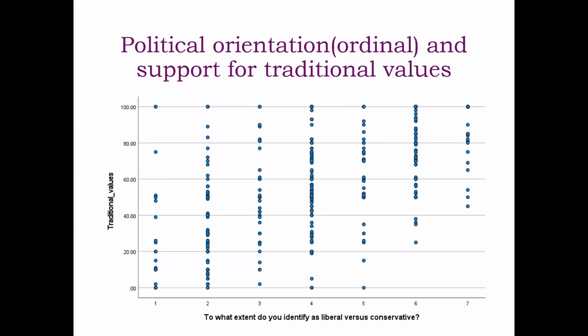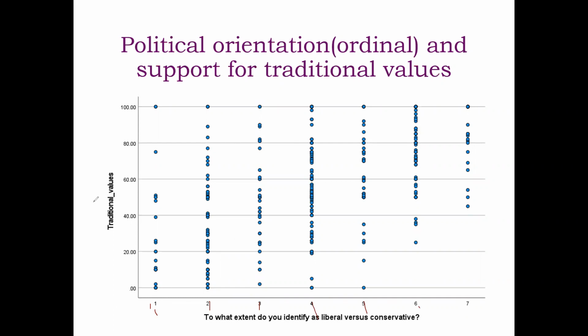So here's an example of an ordinal variable and the scatter plot of an ordinal variable, which is political orientation, and a continuous or interval ratio variable, which is the support for traditional values on the y-axis. And you can always tell when something's ordinal because you'll see there are very few discrete values on X. So 1 was very liberal and 7 was very conservative, and people could answer 1 through 7, right?